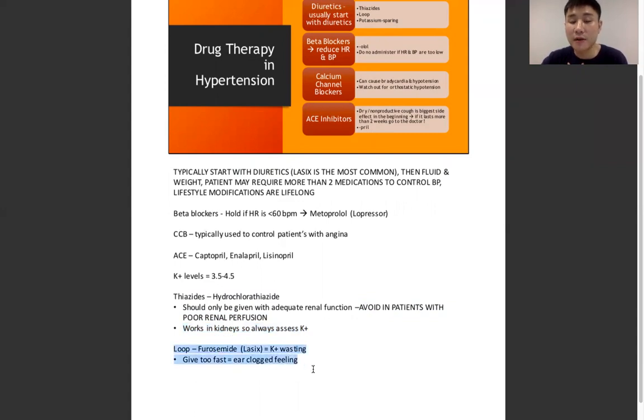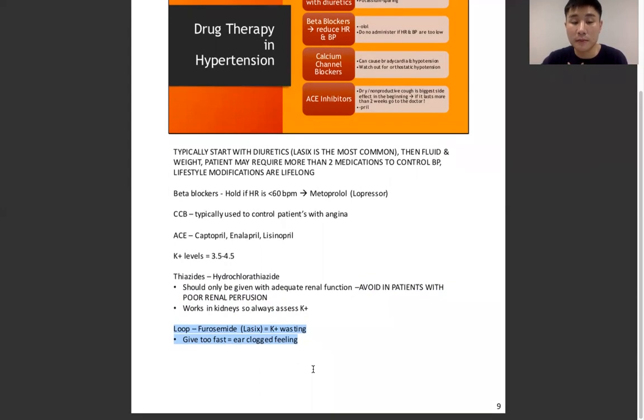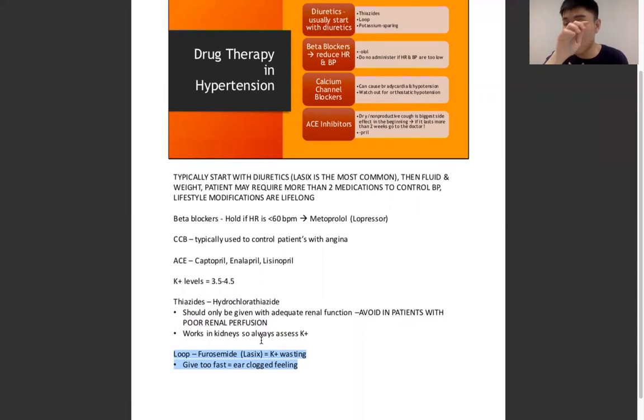And then earlier I mentioned furosemide. Furosemide, Lasix, is the loop diuretic, and it is potassium wasting.